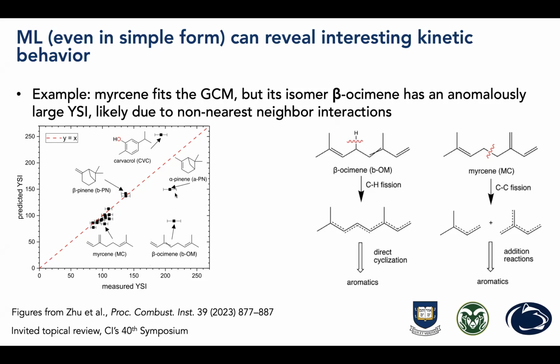But once you see this, you realize that beta ocimene needs a not nearest neighbor mechanism. That's easily shown by this H-atom abstraction versus direct form that can be directly cyclicized to aromatics, whereas for myrcene, the weakest bond is here, and you get 2 smaller molecules that have to go through addition reactions in order to form aromatics.